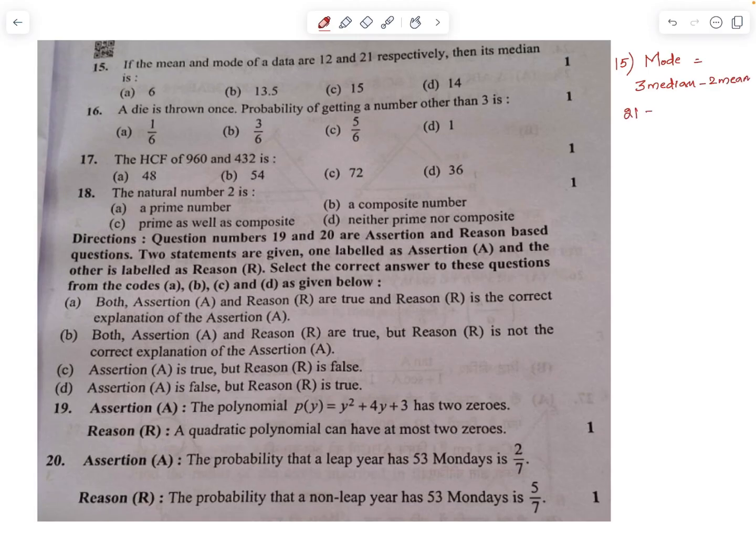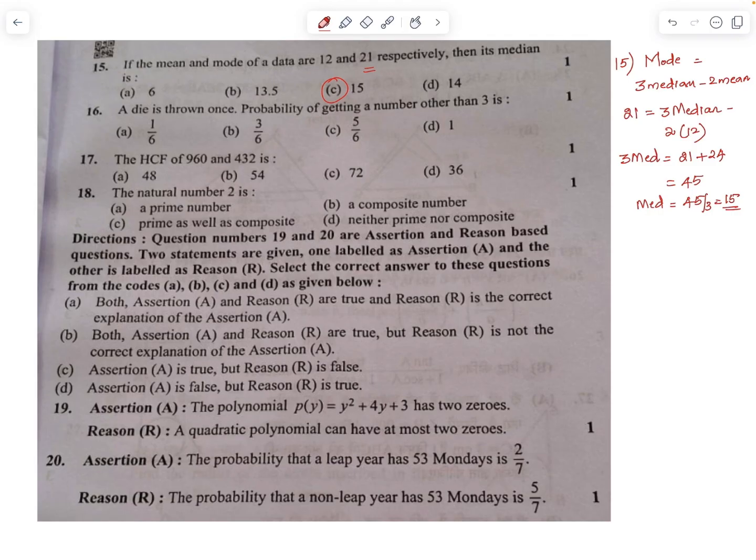Mode is 21 and median is what we have to figure out, minus 2 times 12, that is 3 median is 21 plus 24, which is 45. So median is 45 upon 3, that is 14. So the answer is option C.